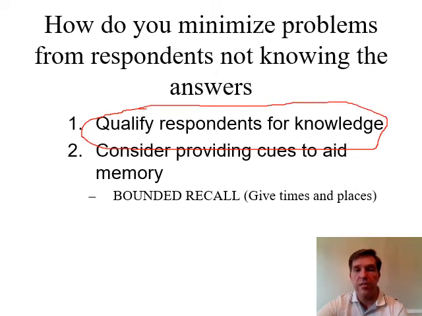Maybe you have some questions in the beginning to assess whether they are knowledgeable about the product category. Simple questions like, have you ever bought, I don't know, bubbly water, right? If you're gonna ask people about their willingness to pay for bubbly water, it might be worthwhile to know if they have any experience in the product category, because if they do, they are a lot more likely to be knowledgeable about it, okay?